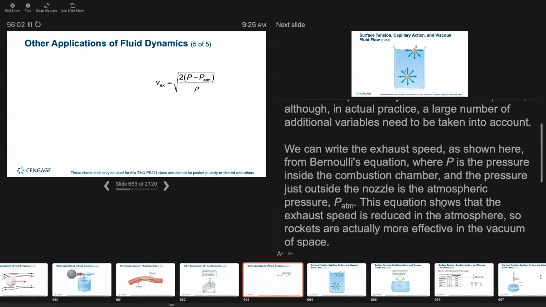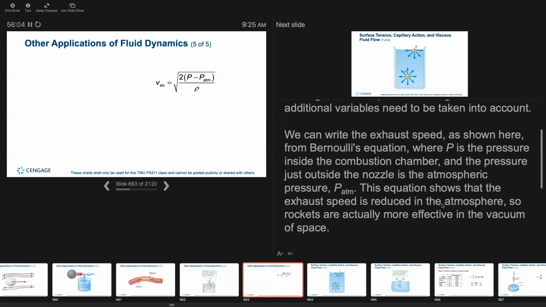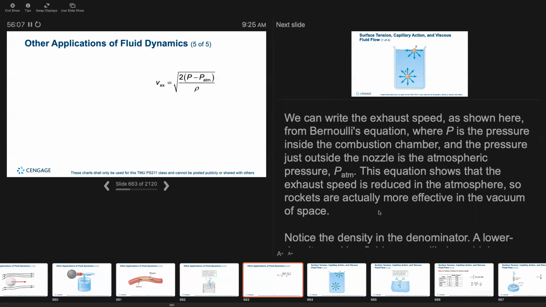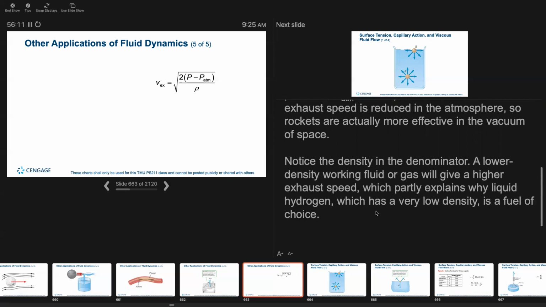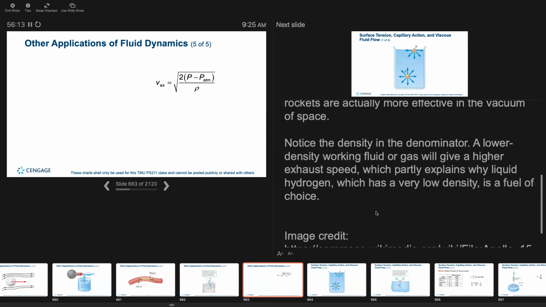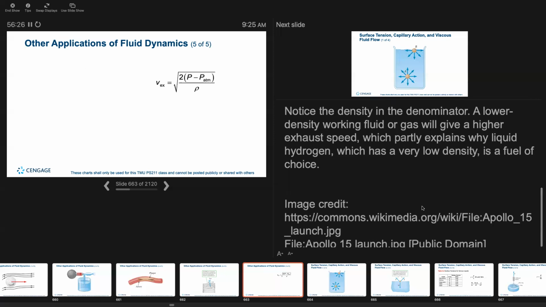The equation shows that the exhaust speed is reduced in the atmosphere, so rockets are actually more effective in the vacuum of space. Notice the density in the denominator: a lower density working fluid or gas will give a higher exhaust speed, which partially explains why liquid hydrogen, which has a lower density, is a fuel of choice.